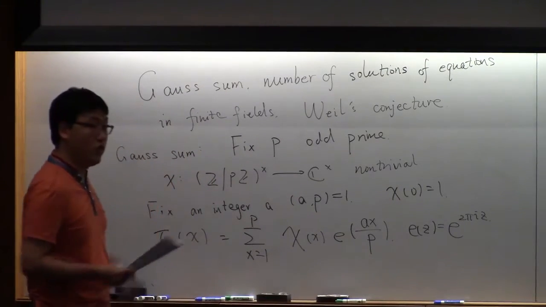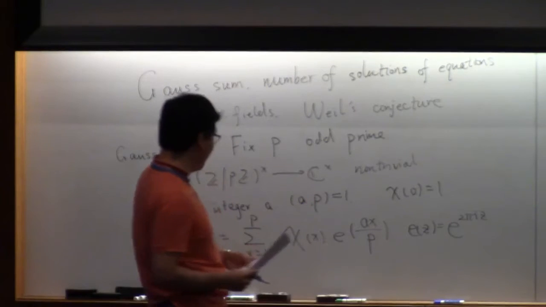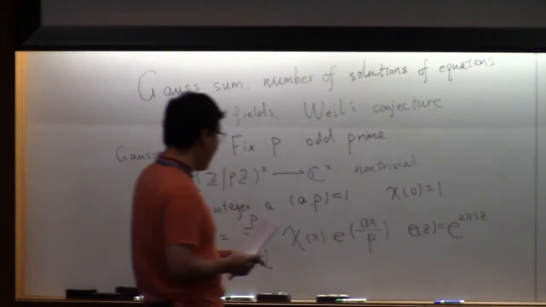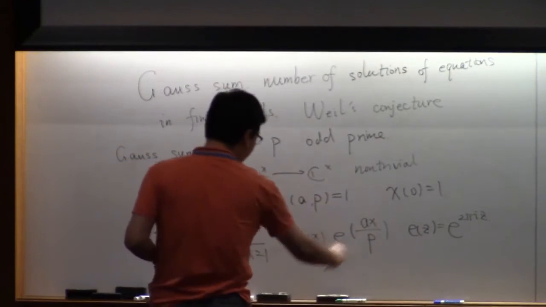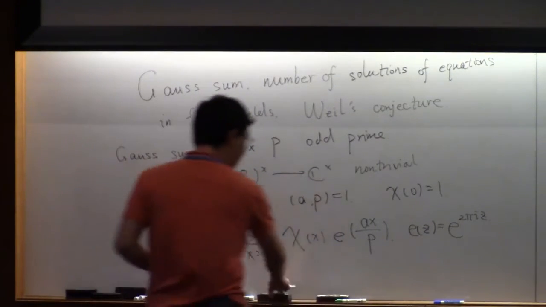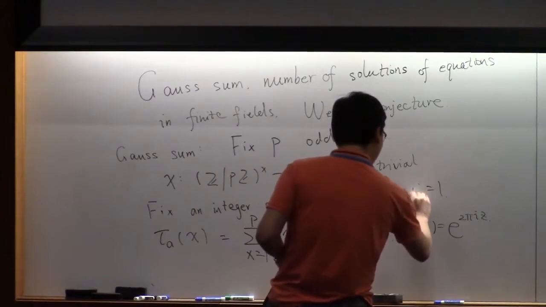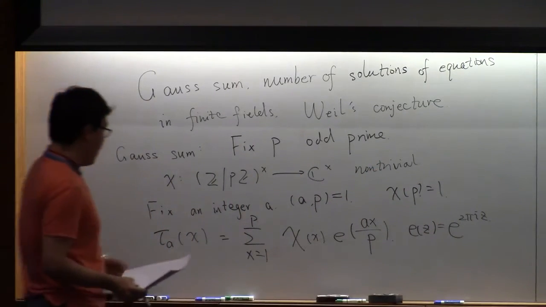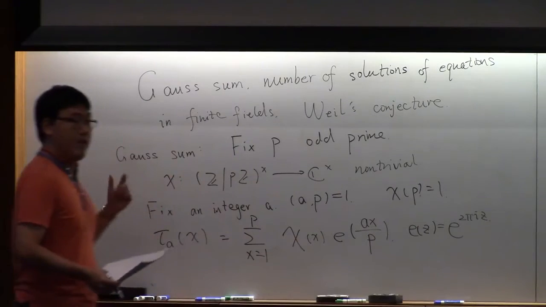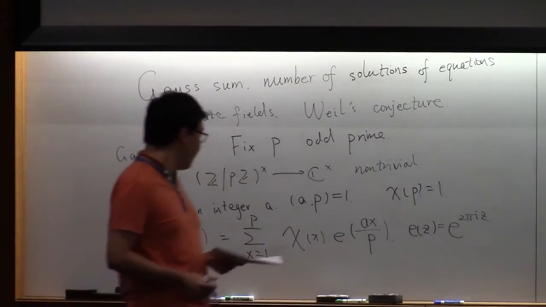I make this convention: if the integer is divisible by p, then I define it to be 1.